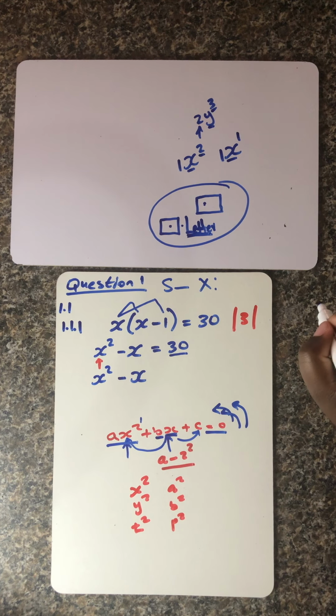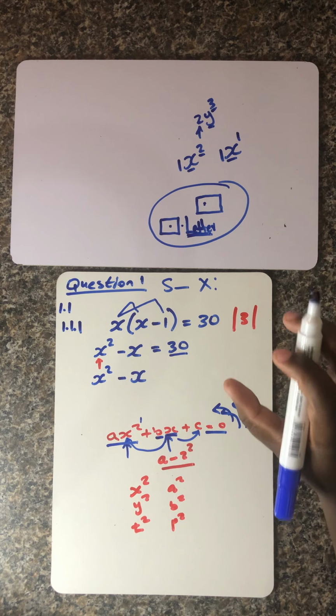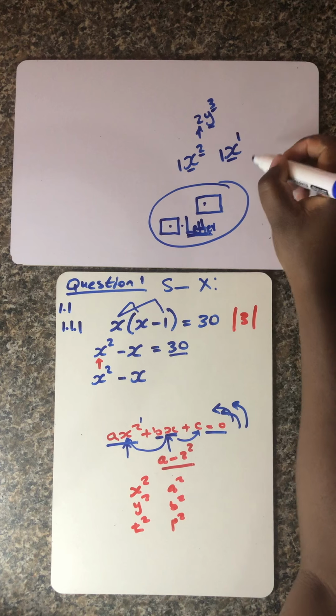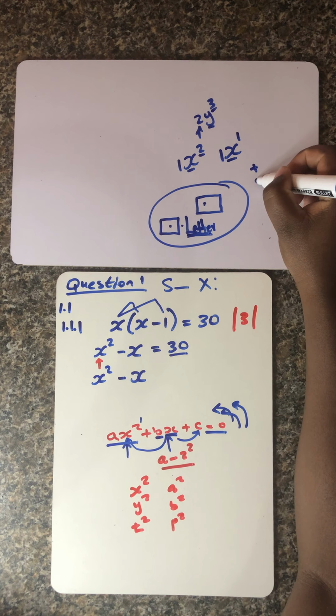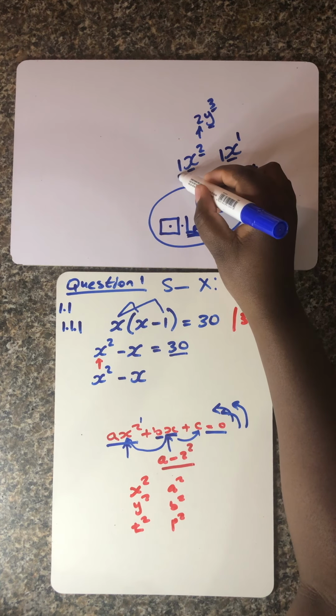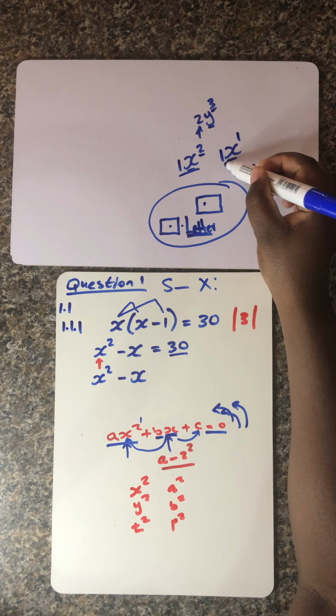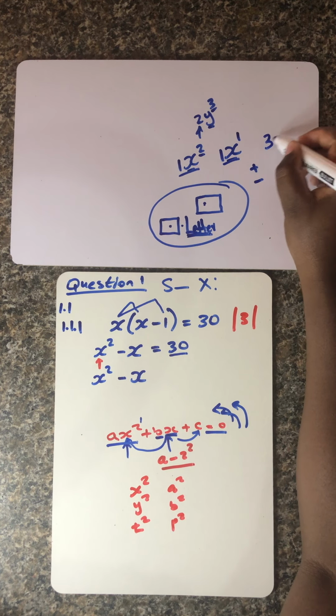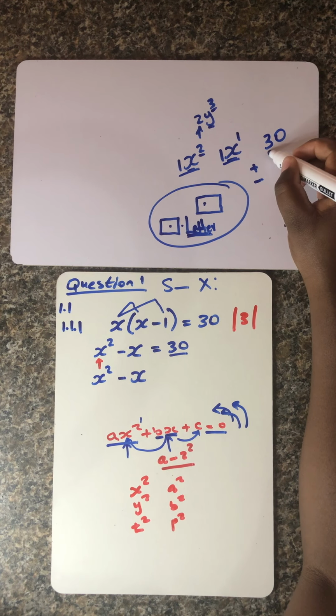So ladies and gentlemen, each and every term is separated by a sign of positive or minus. Very, very important. That's why the whole of this is a term, and the whole of this is a term. If, for example, we had 30, then this is a term.